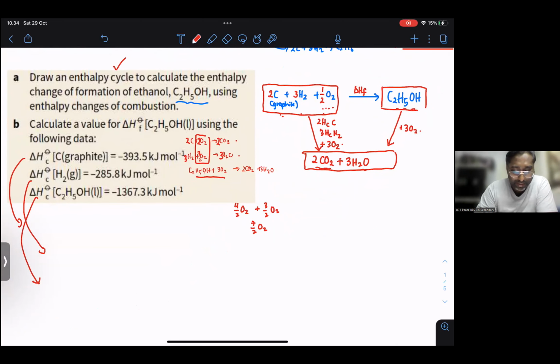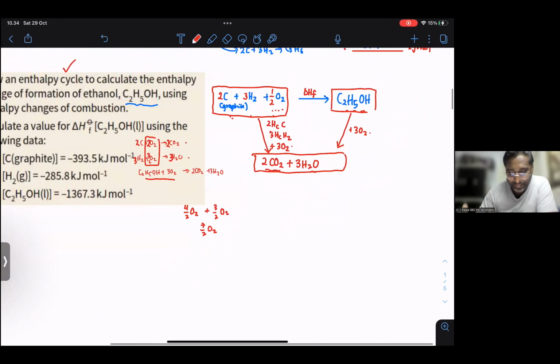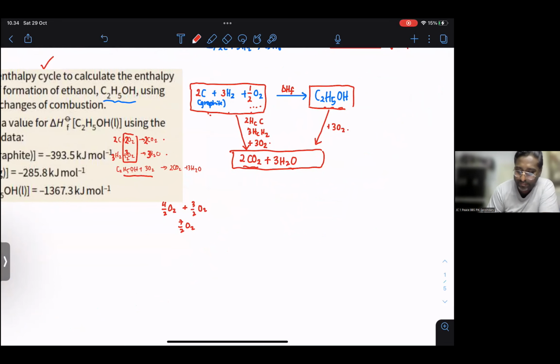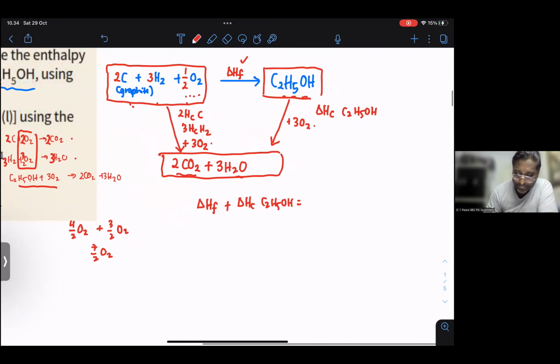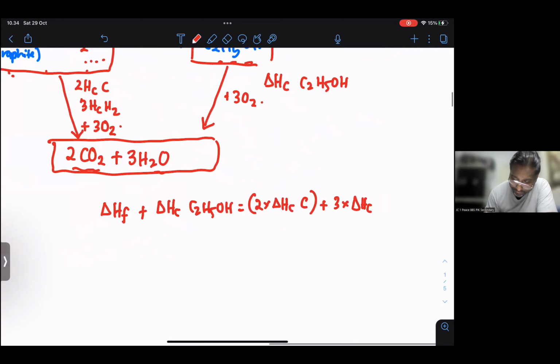Now I want to calculate the enthalpy change of formation. So this is still method number one. Clockwise equals anti-clockwise. So this one is going to be enthalpy change of formation plus enthalpy change of combustion of C2H5OH, which equals 2 times enthalpy change of combustion of carbon plus 3 times enthalpy change of combustion of hydrogen.